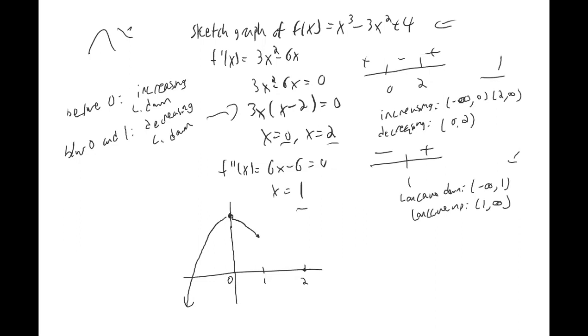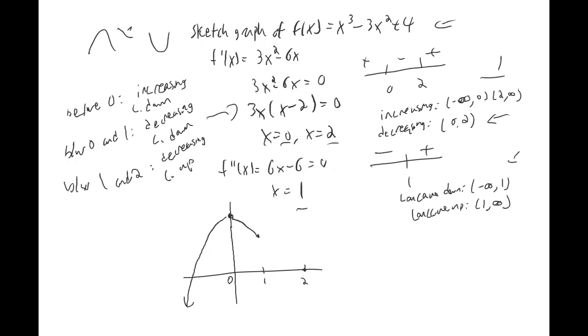Again, you do the same between 1 and 2. I'm still decreasing, because I'm decreasing from 0 to 2. And I am concave what? Concave up. Concave up is the happy face.